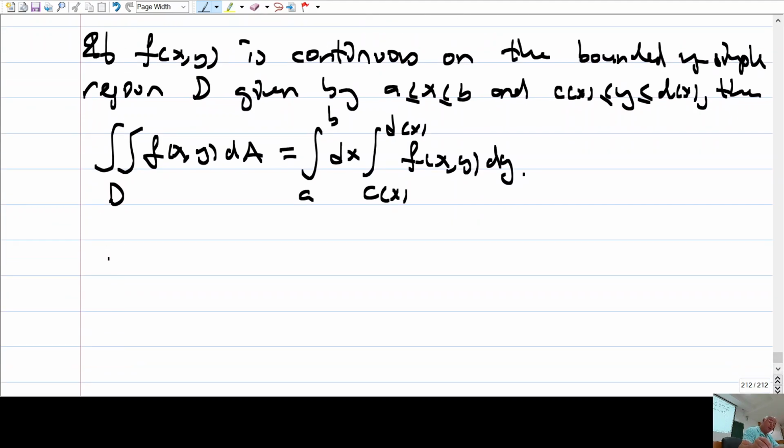It's a notation I don't like, but anyway. Similarly, I will explain this notation.